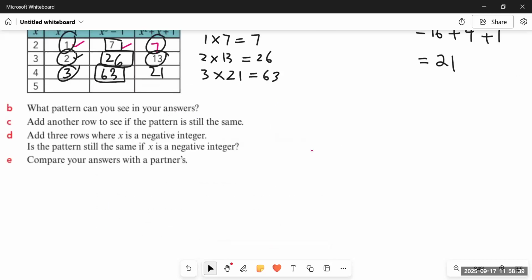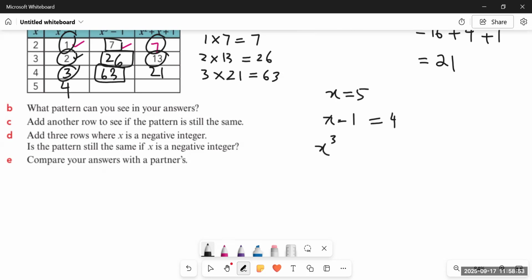So in the fifth one, if x is equals to 5, x minus 1 is equals to 4. Fine. And then x cube minus 1 would be 5 cube minus 1, which is 125 minus 1, that is 124. If it's 124, we can figure out what would be the answer to column number 3 without even solving, because 4 times the third column is equals to 124.